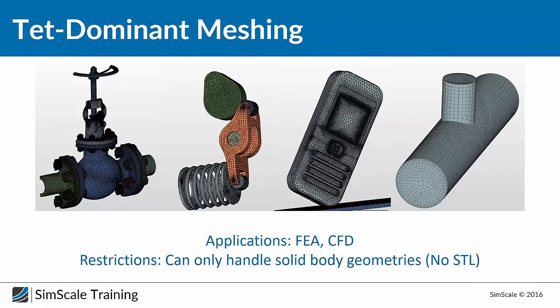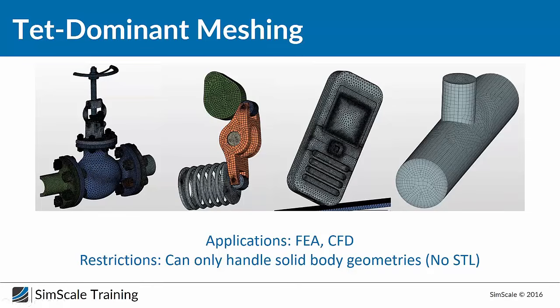And it can be used for FEA and CFD. And basically you have control over everything. There's only one restriction for the Tet-Dominant mesher. It can only handle solid body geometry, so STEP files, IGES files and BREP files, but no STL files.